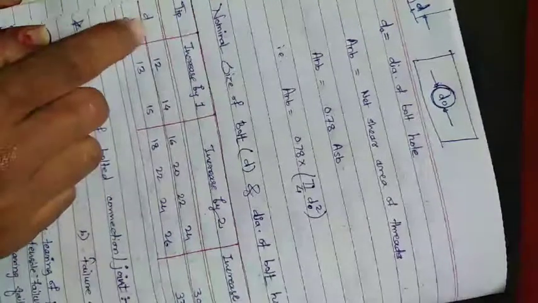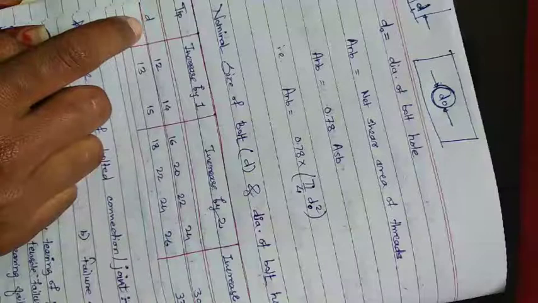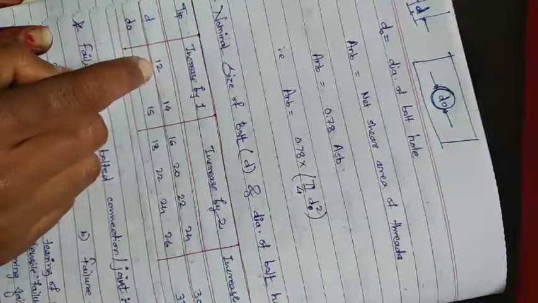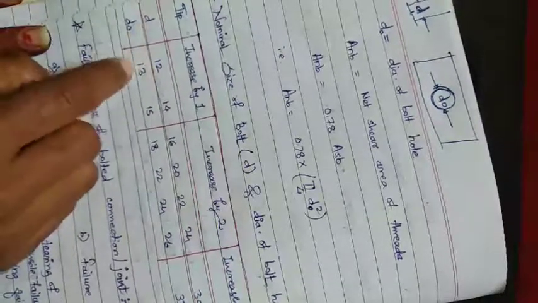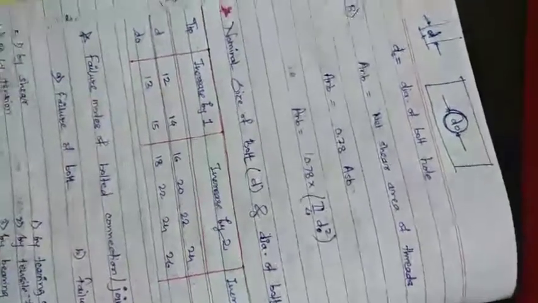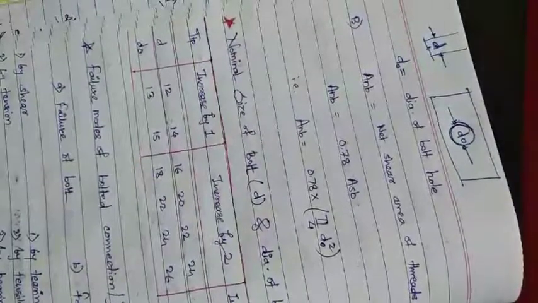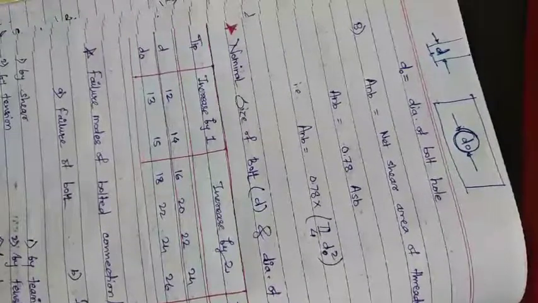First, d is nothing but the diameter of the bolt. If your diameter of the bolt is 12, then your diameter of the bolt hole should be 13 mm. OK, म्हणजे 12 mm चा जर तुम्ही बोल्ट यूज करणार असेल तर तुम्हाला जो इन्सर्ट करायचा आहे बोल्ट होल मध्ये, तर तो त्या बोल्ट होलचा डायमीटर किती असायला पाहिजे? 13 mm कमीत कमी असायला पाहिजे.